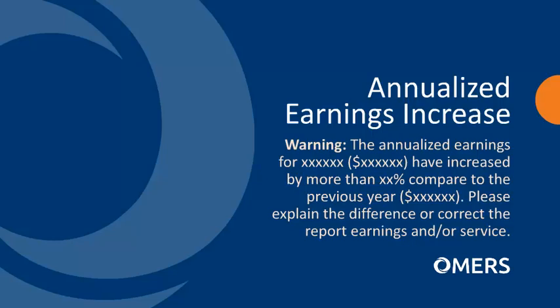The opposite warning may also fire. Warning: the annualized earnings for X have increased by more than X compared to the previous year. Please explain the difference or correct the reported earnings and/or service.